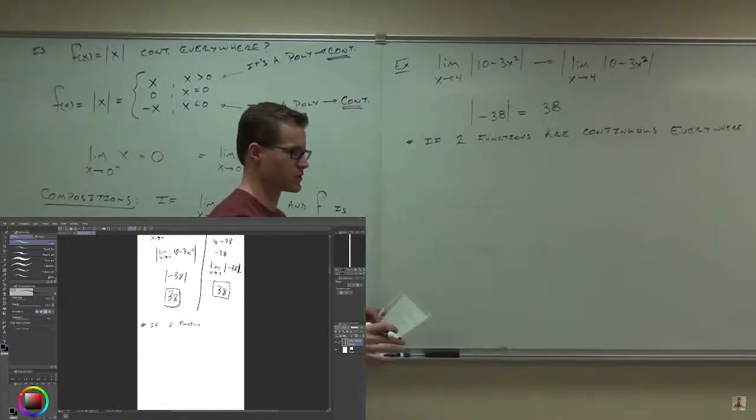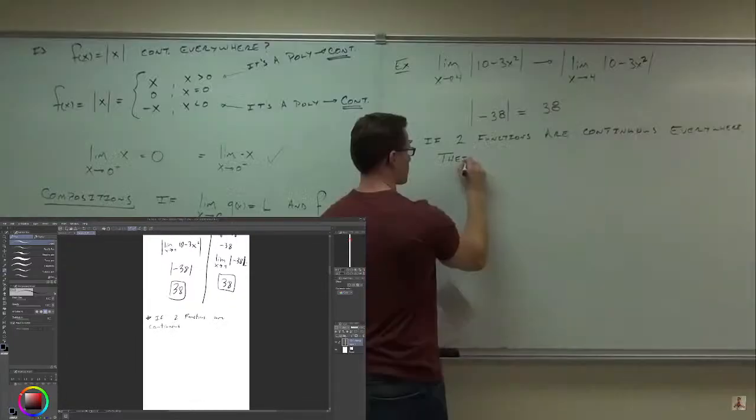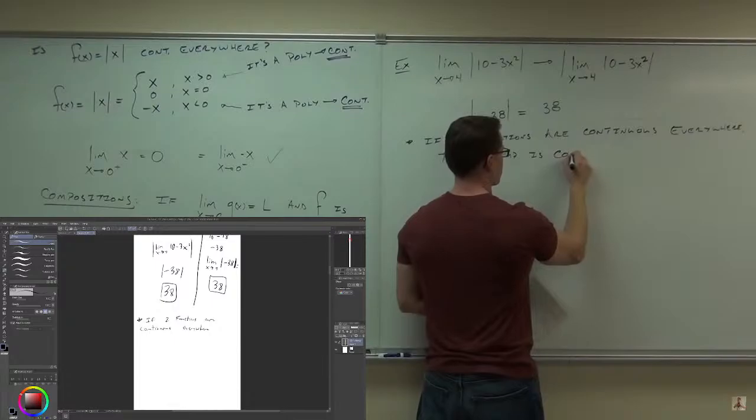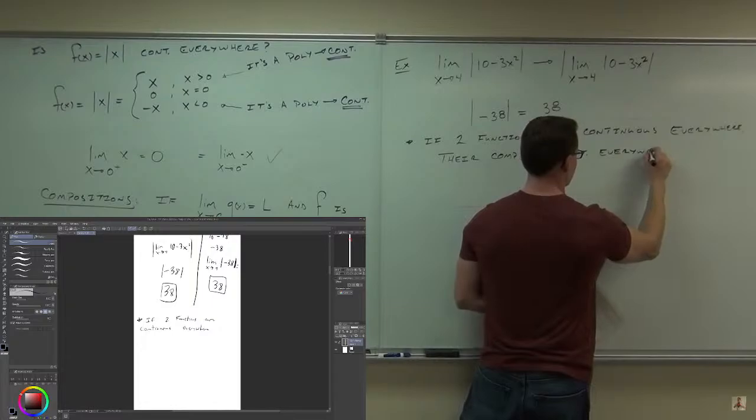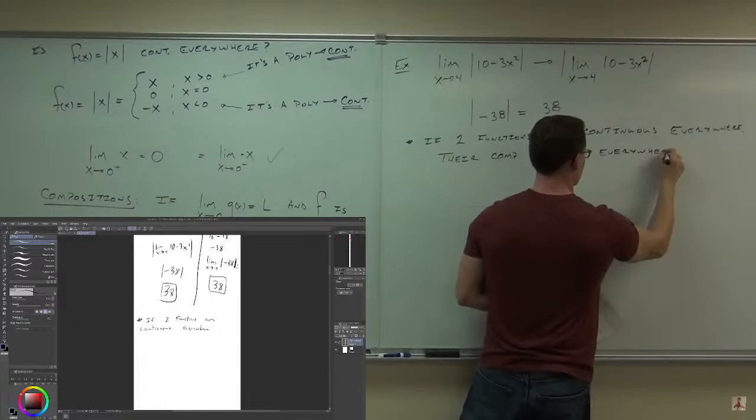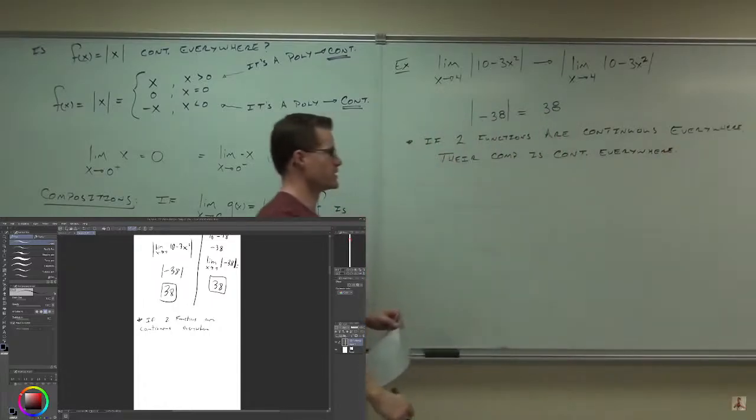Absolute value with anything inside, it can be considered a composition. Two functions are continuous everywhere, their composition is continuous everywhere. It's for this reason. If this is always continuous and that's always continuous, and you can compose them any way you want, it's still going to be continuous.